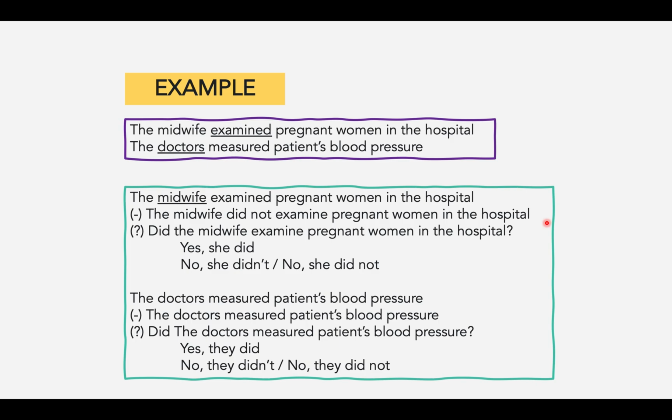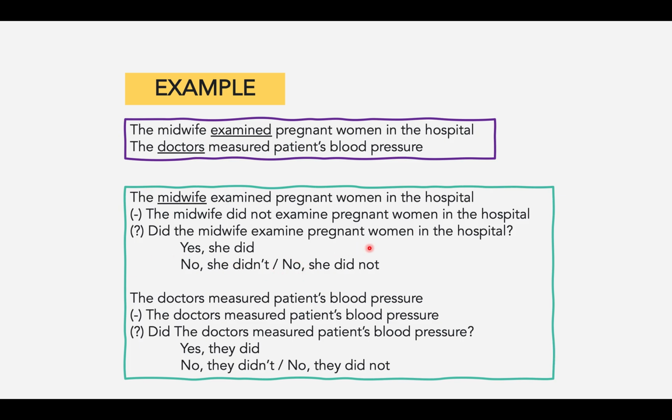What is the interrogative? Put did in front of subject, and again eliminate the not, because this is interrogative, so you don't need to put not, because not belongs to negative sentence. So the interrogative here is, did the midwife examine pregnant woman in the hospital?